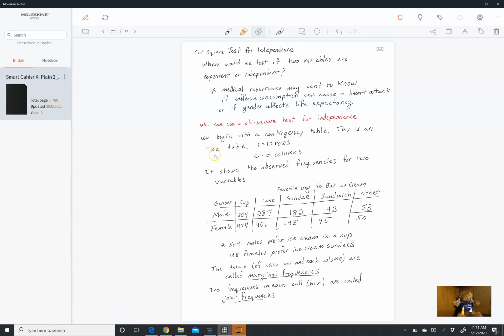So these over here that we described are examples of joint frequencies.